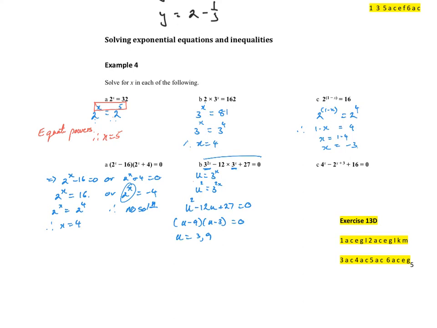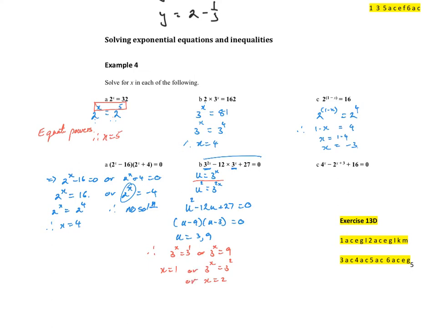Since u is equal to 3 to the x, I can replace that, therefore, 3 to the x is equal to 3, or 3 to the x is equal to 9. So clearly, x has to equal 1, or 3 to the x is equal to 3 squared, and x is equal to 2. Okay?